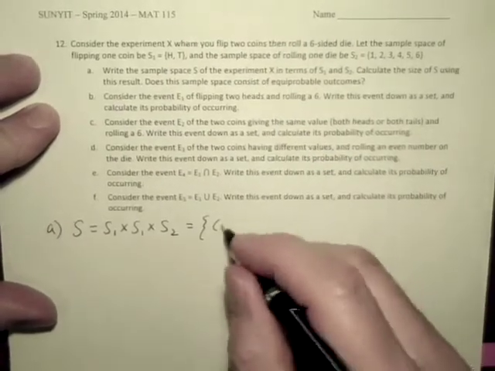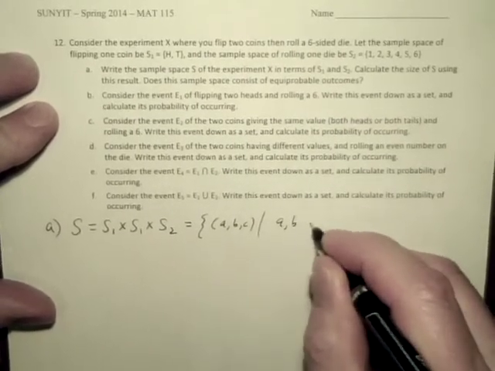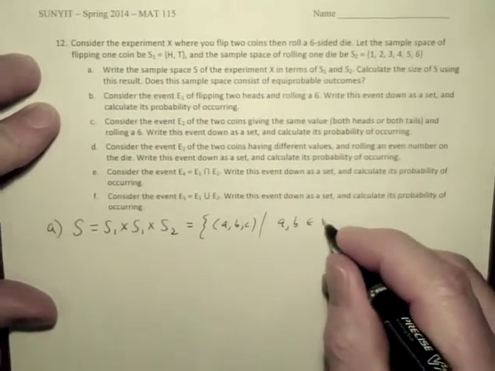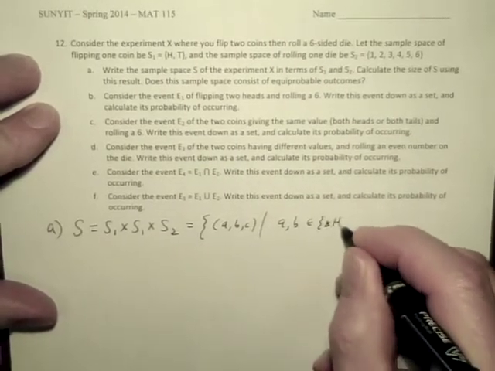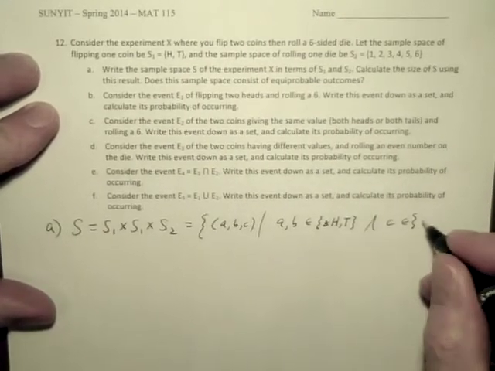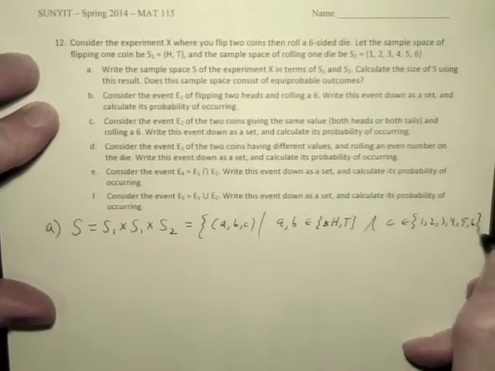Let's call them A, B, and C, such that A and B are elements of S1, H and T, and C is an element of S2, which is 1, 2, 3, 4, 5, 6.